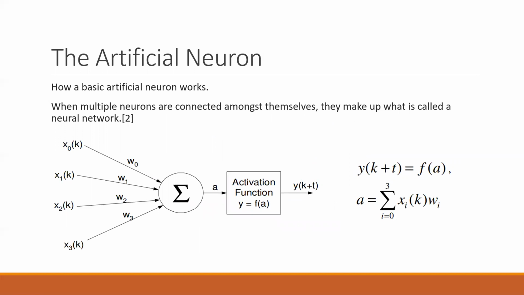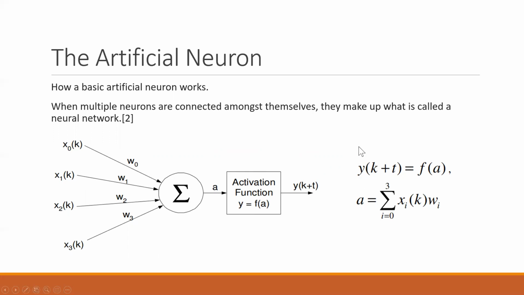So let's talk about an artificial neuron now and how those work. Here we have an example of a sample artificial neuron, which takes four inputs labeled X0 to X3. These inputs each have their own weights, W0 to W3, and they're multiplied with their respective weights and sent through a summation function, which takes in the sum of all these inputs and their weights, and then sends them to an activation function, which makes a decision Y based on this sum of the inputs and the function itself.